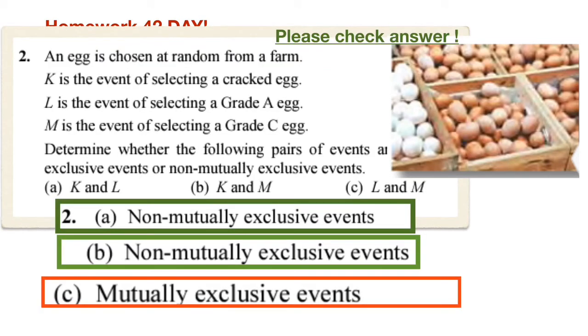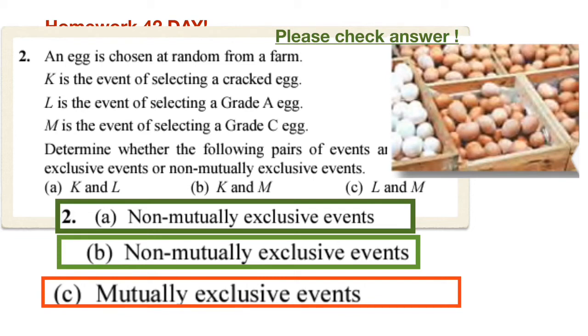Let's see the answer. So for K and L, grade A is L, K is a cracked egg. Sometimes when we choose an egg, even though it's grade A, you also can have the possibility that the egg is cracked, right? So it means that it can happen at the same time.